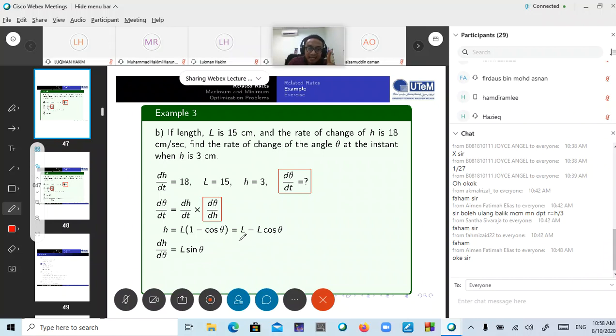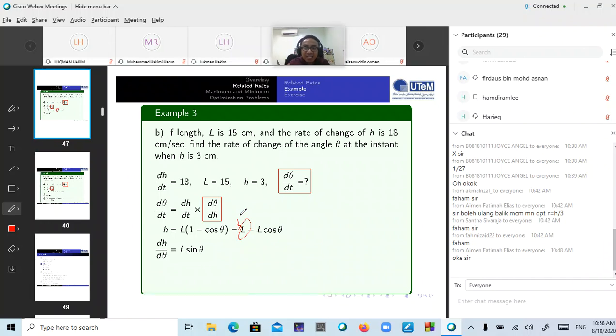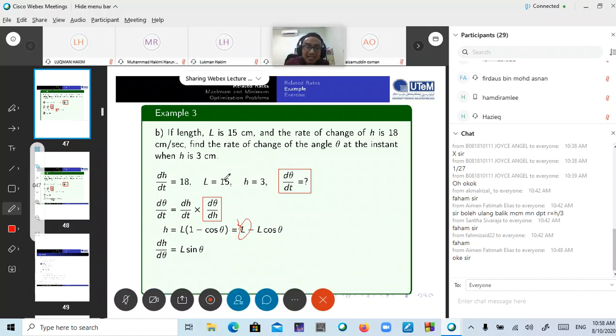Okay. Now, differentiate L with respect to theta. Kat sini awak nak differentiate with respect to theta. L with respect to theta. Ada ke tak theta kat sini? Bila theta tak ada kat situ, maksudnya dia adalah constant. Bila awak differentiate constant, it is zero. Constant, sebab dia kan 15 tadi.